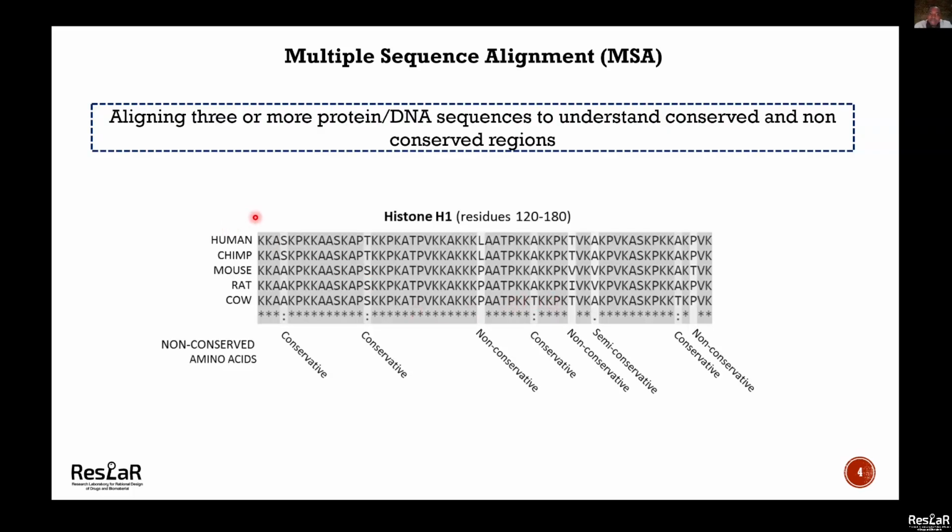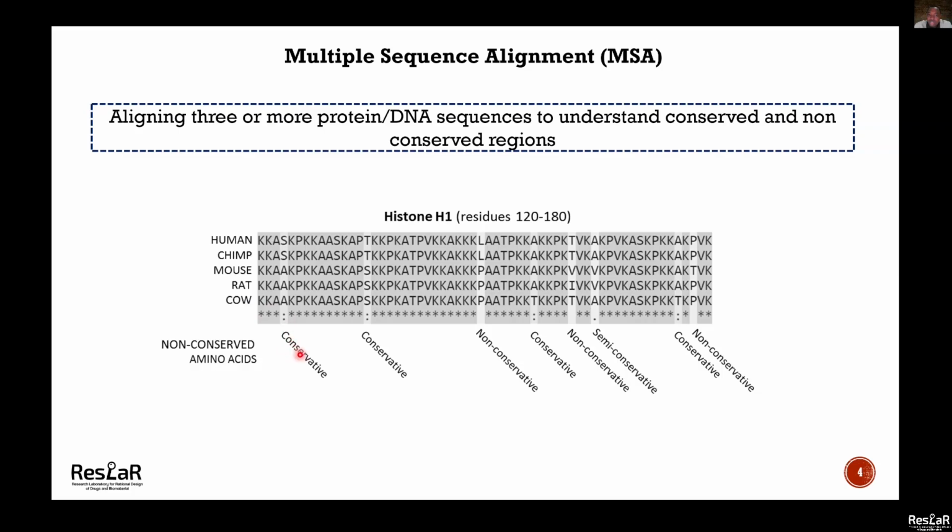So, for example, we have this particular protein, histone H1, for residues 120 to 180 between the human, chimpanzee, mouse, rat, and cow. So I perform alignment, and we find where they differ and where they are similar. You can see the asterisk is for similarity.